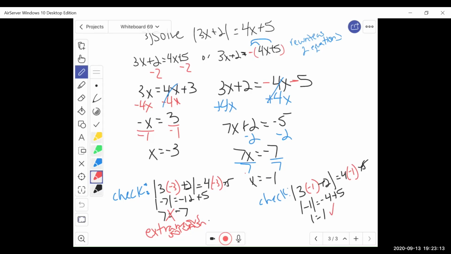Yes, this one checks. Remember, the graph did intersect. The two graphs did intersect at x equals negative 1.